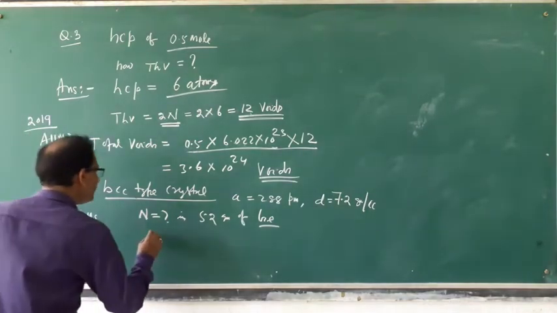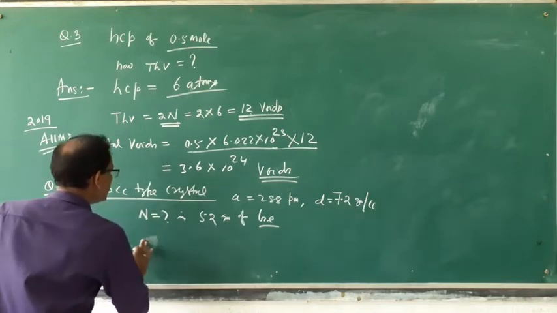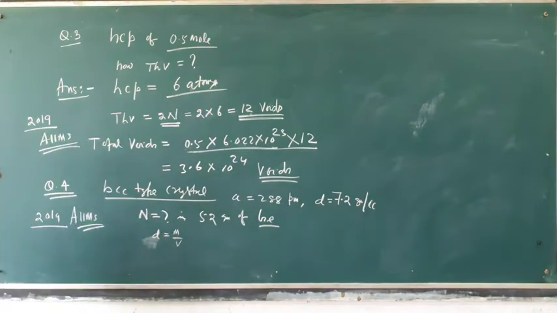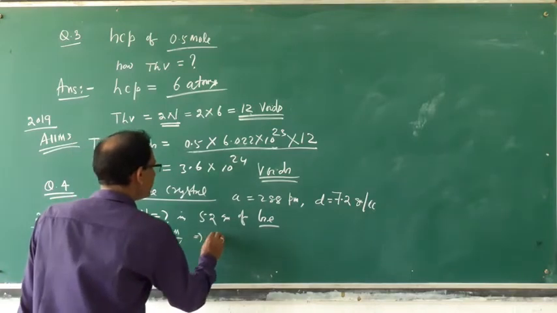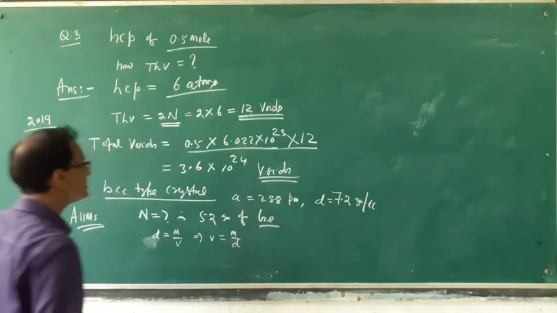Here, what is the volume? We know density is equal to mass by volume. So volume is equal to mass by density.